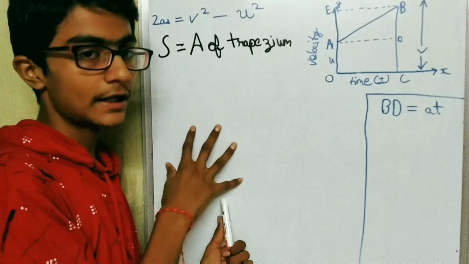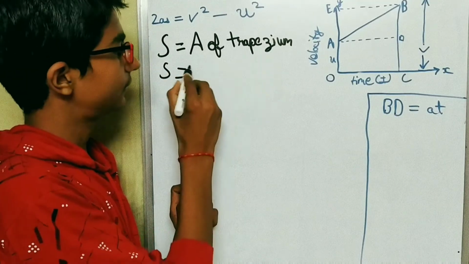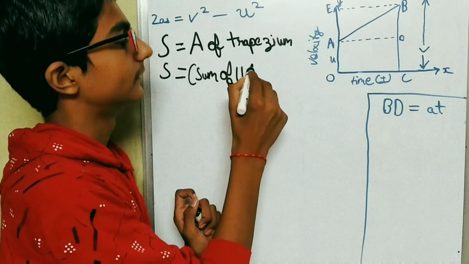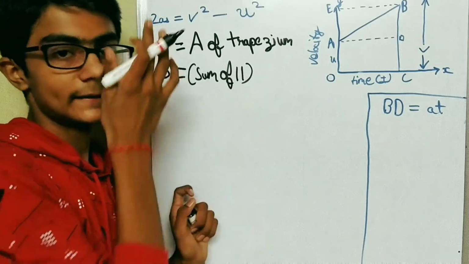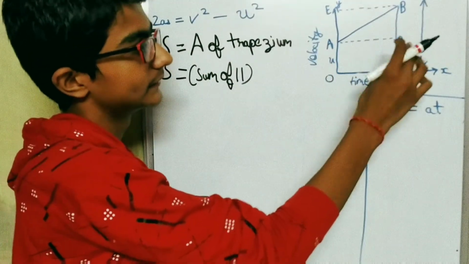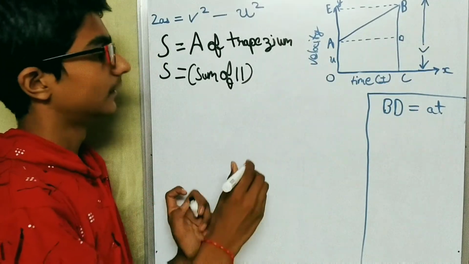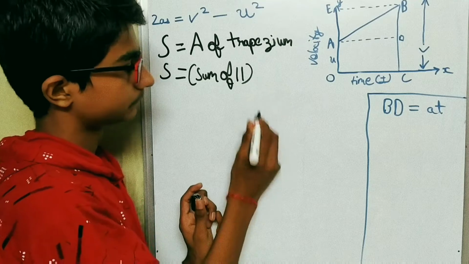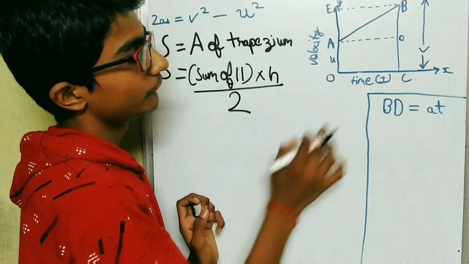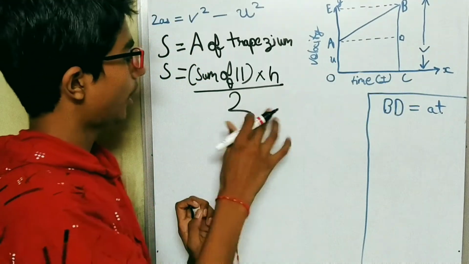But in this derivation, we will take the area of trapezium as the sum of parallel sides into height upon 2. Here the parallel sides are AO and DC. These are the parallel sides. Sum of parallel sides into height upon 2. So if we are taking these as parallel sides, then the height will be OC upon 2.